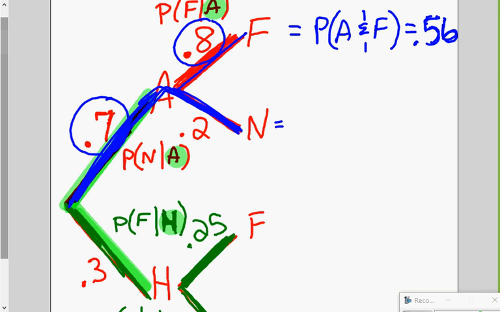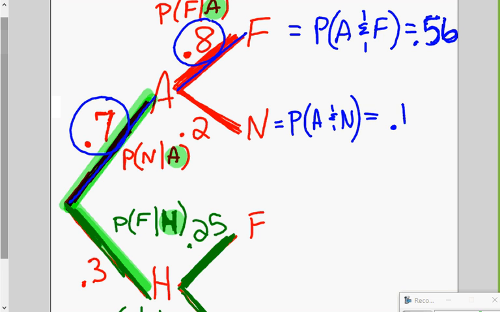So this is going to be probability attending and not a fan. So have your calculator out and ready to go, because we're going to be using it a lot throughout today. Attending and not a fan is going to be 0.7 times 0.2. You might not need to capture that one. It's just 7 times 2 with 2 decimal places. Okay, that's going to be 0.14.